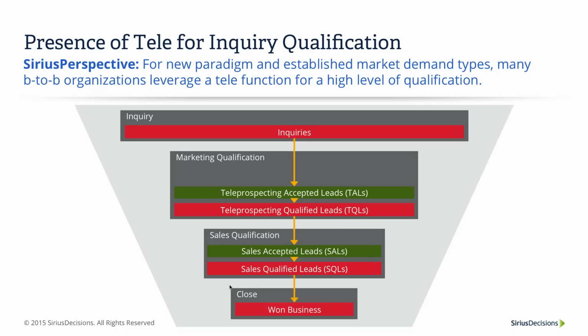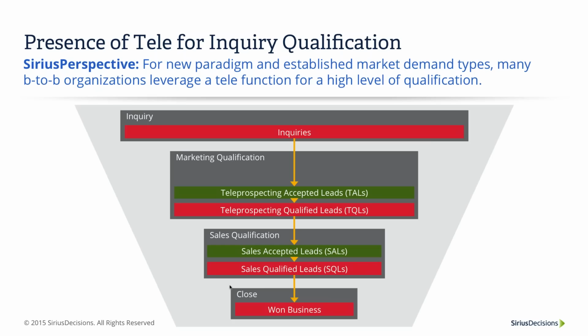Well, as we agree a sales accepted lead handoff point with sales, marketing needs a way to help mature leads that aren't quite at that stage yet. And so a lot of companies are putting in place that teleprospecting function in order to fill in some of those details by following up on a lead and giving that company or that individual a call and obtaining some additional details that they can add to the lead record.